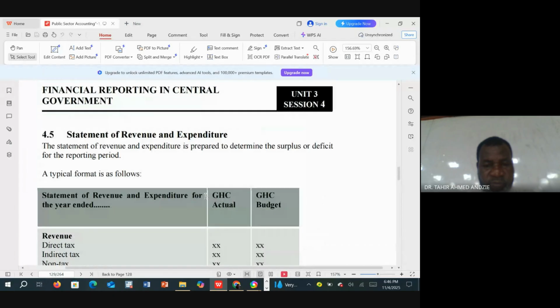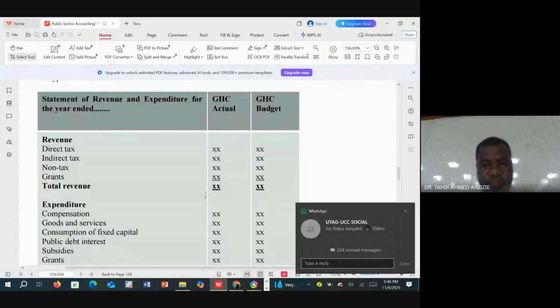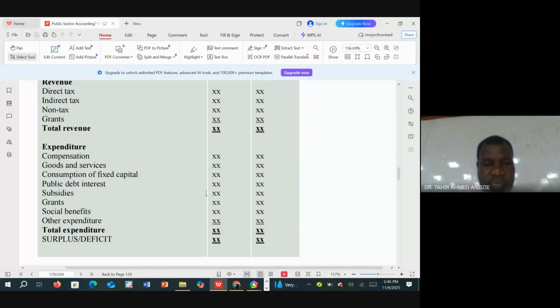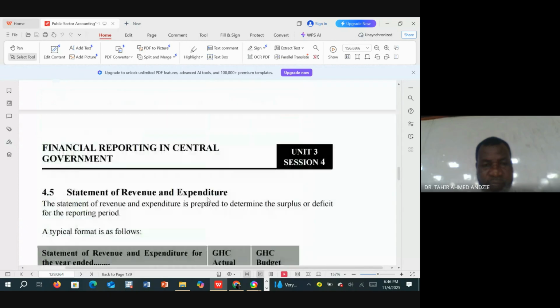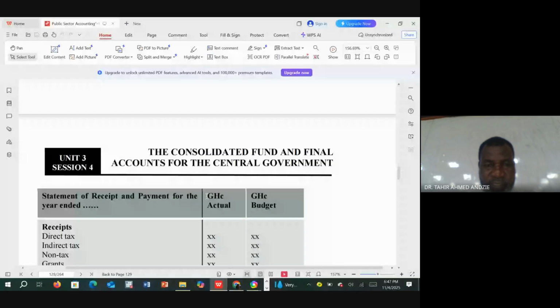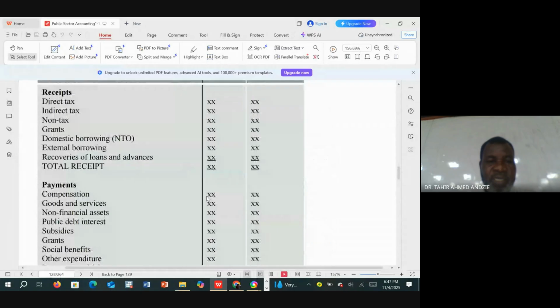We came to the income and expenditure, or the revenue and expenditure. The difference is that here we are talking of the revenue generated for the period against the expenditure incurred. The difference is surplus. There are certain items that are receipts, and they may not necessarily be income earned.